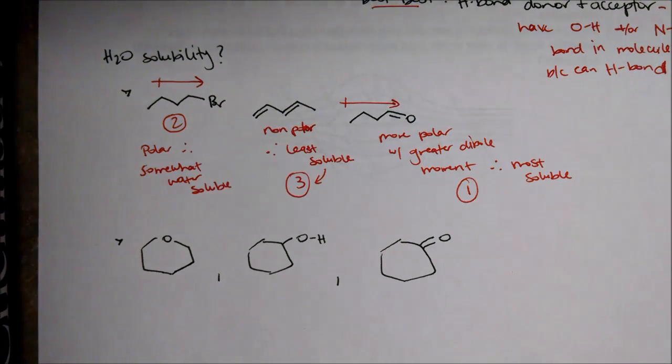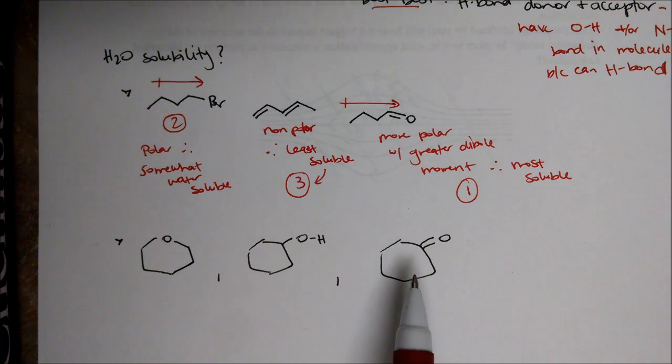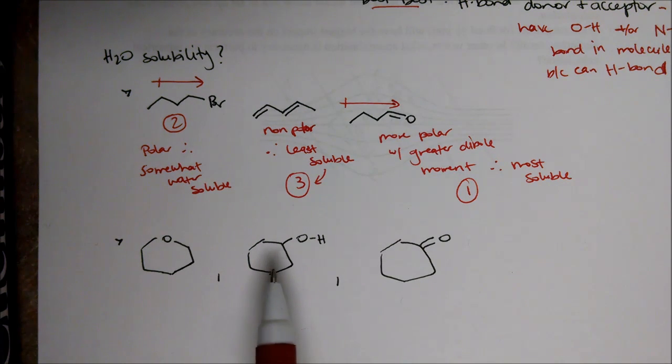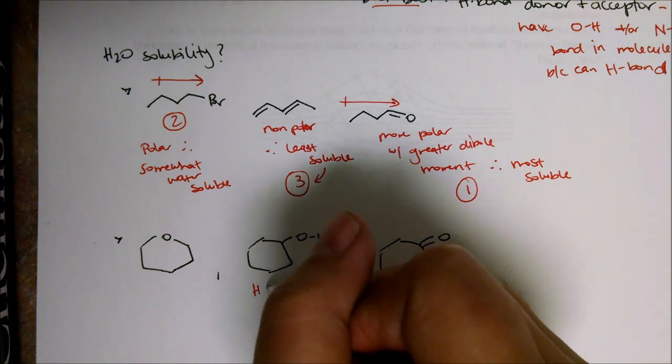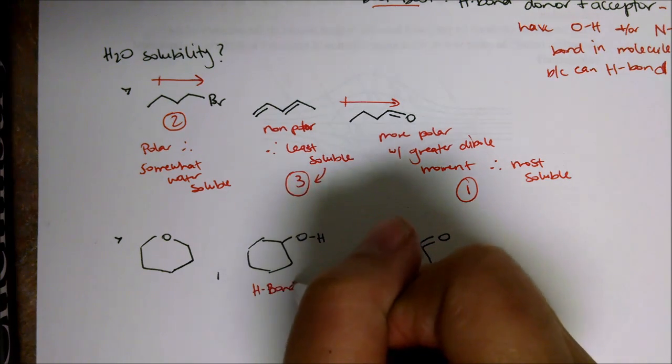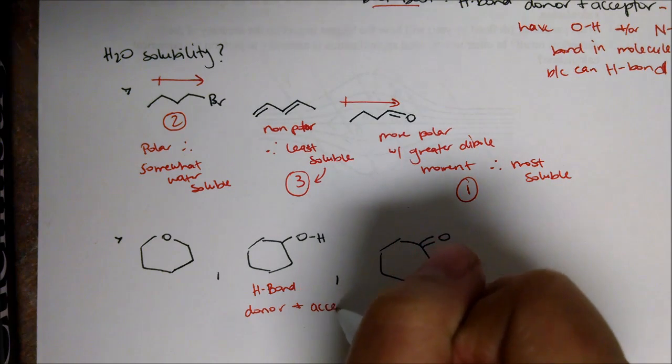Okay, so again, the best determining factor is if we can hydrogen bond with water. So here we could definitely accept hydrogen bonds with water with both of these molecules here. But here, do you see this guy? We can fully integrate with the hydrogen bonding of water. Okay, so this guy has H bond donor and acceptor.